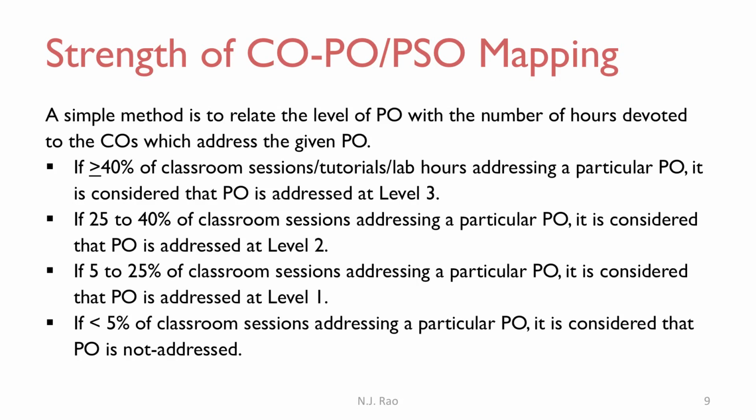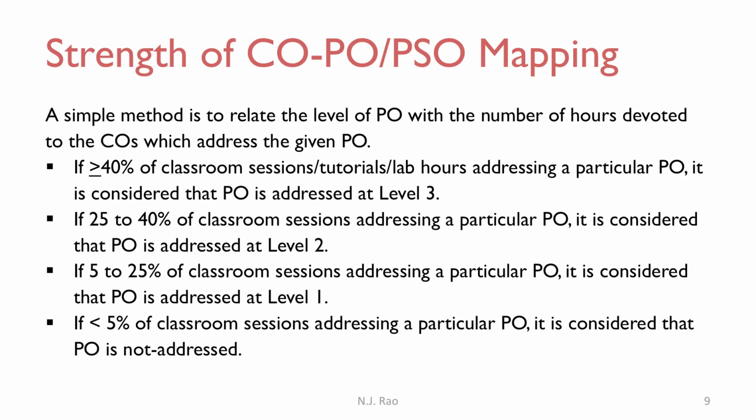And if 25 to 40% of classroom sessions address a particular PO, it is considered that PO is addressed at the level of 2. Then if 5 to 25% of classroom sessions address a particular PO, we consider that PO is addressed at level 1.